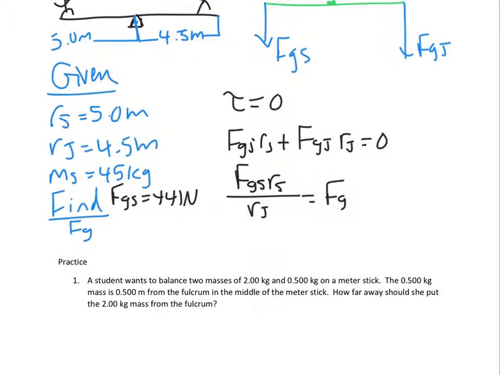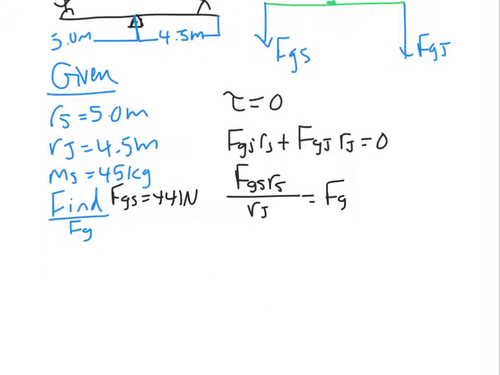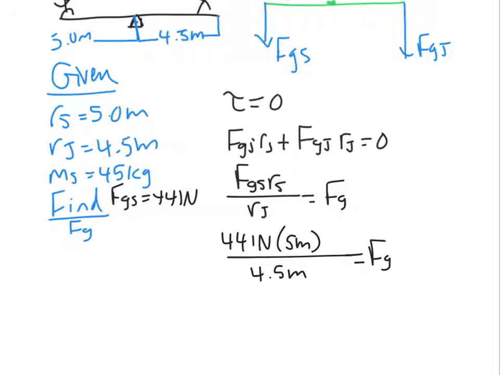So this equals 441 newtons times 5 meters divided by 4.5 meters, and that equals the weight of John. So 441 times 5 divided by 4.5 means that John's weight is 490 newtons.